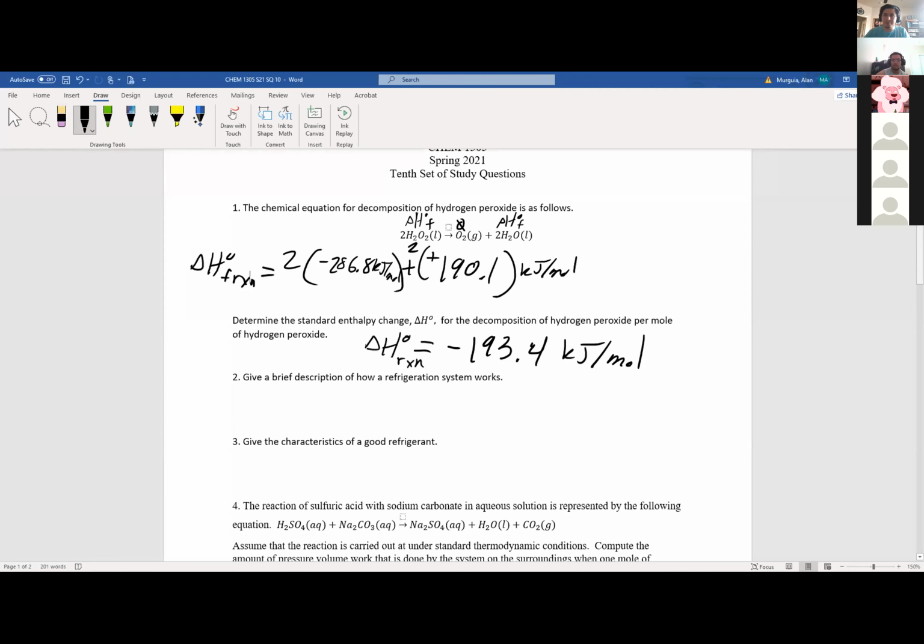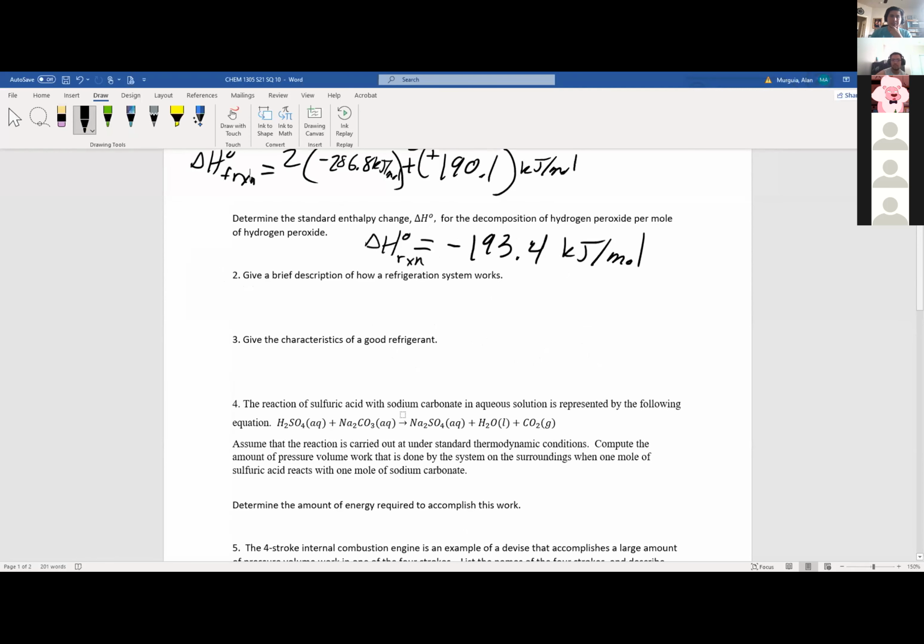So let's move on to number 2, a brief description of refrigeration. So how does stuff get cold? Can anyone give an idea of how this works? Oh, there we go.